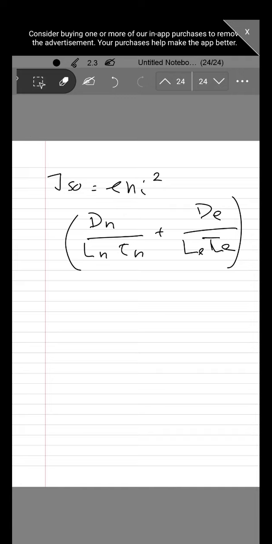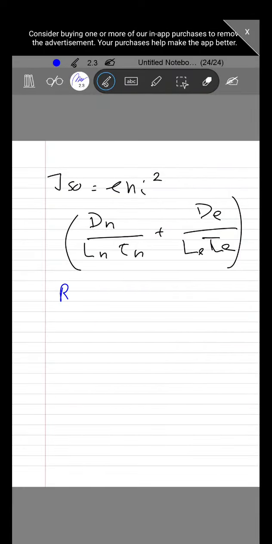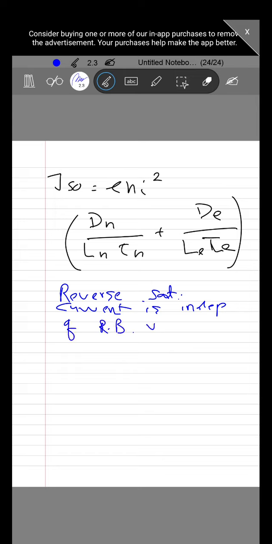And so we can clearly see that the reverse saturation current is independent of the reverse bias voltage.